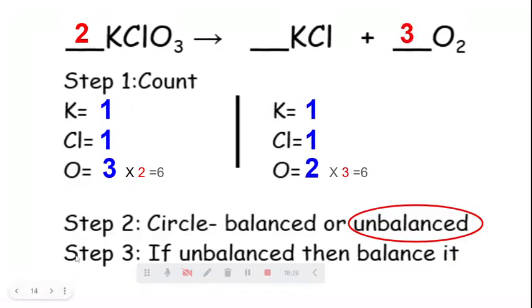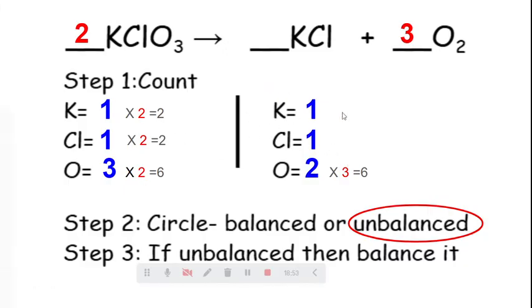So now you might be like, all right, Miss Bandy, it's good. It's not. It's tricked you. This coefficient has to be distributed to each of these. So I have to take this 1, and now it has to be times by 2. This goes to each of these elements. So now I have 2 and 1, 2 and 1, and 6 and 6.